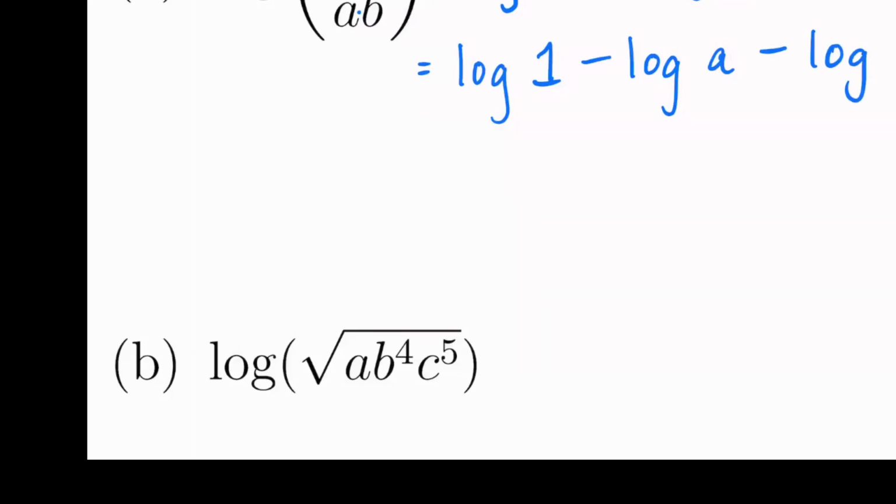So log 1 minus log A minus log B. Then property 1 says log 1 equals 0. And then in the directions, log A equals capital A and log B equals capital B, and we can drop off the 0 and just write negative A minus B.